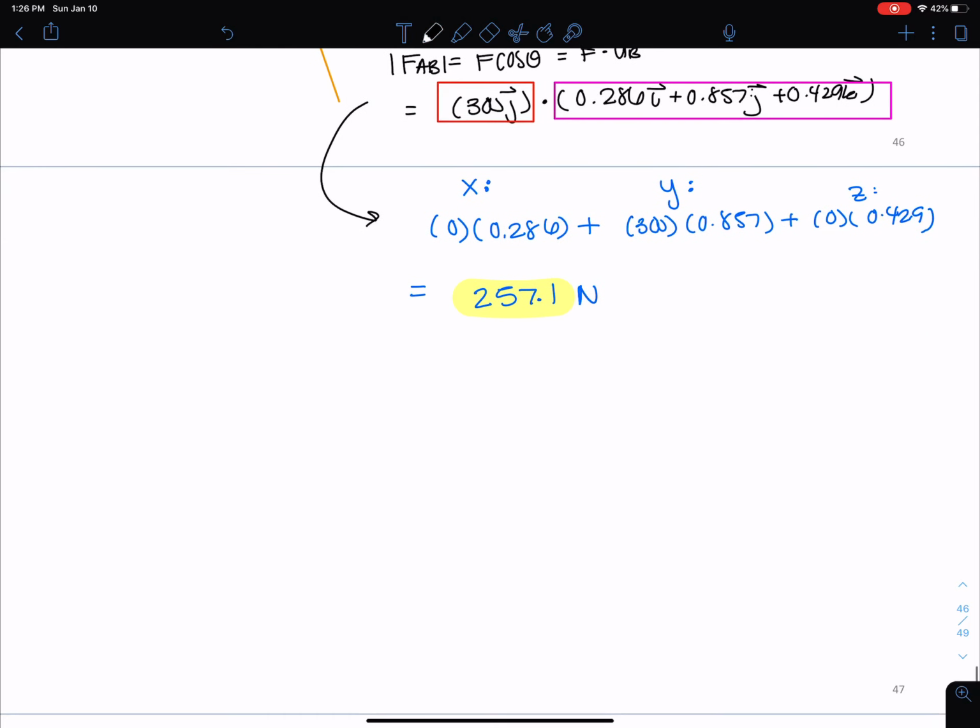Okay, result is a scalar, and we already know the direction of FAB. It's the same direction as the unit vector at B. So this is the scalar FAB.